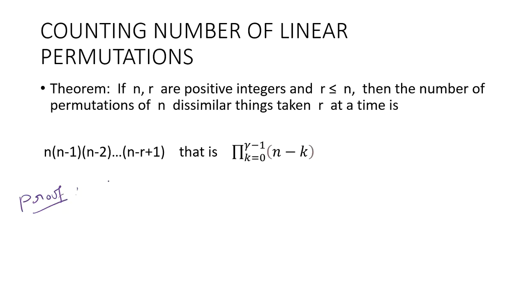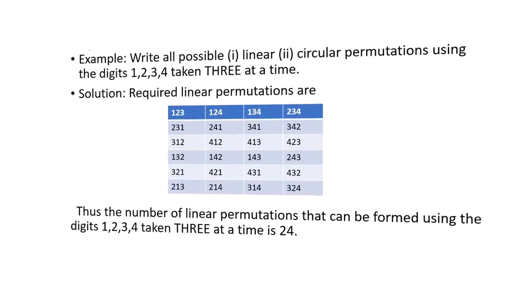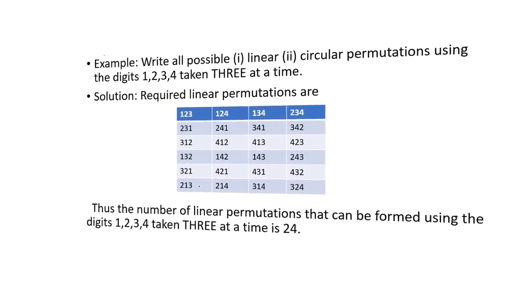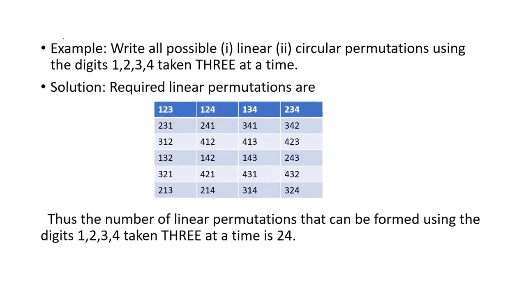In the previous example, you have seen that the number of permutations of 4 distinct objects taken 3 at a time is 24. And here we have listed down all the permutations.